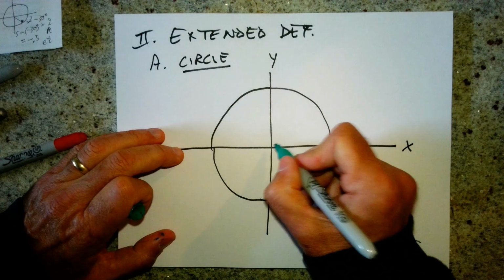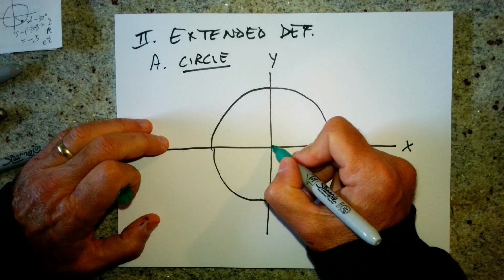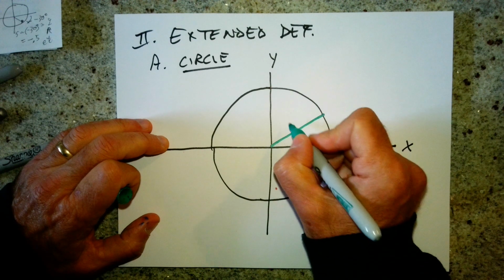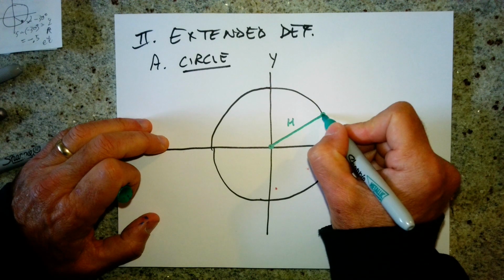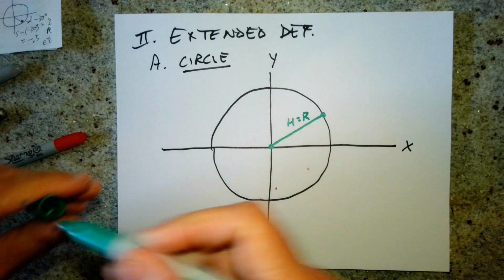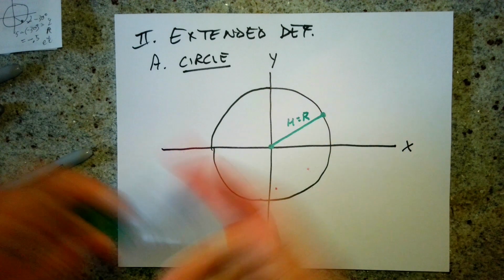And now you decide what angle you want. We can start in quadrant 1, so we can start with what looks like a regular right triangle. So we'll draw this, okay? That'll be the hypotenuse, and the hypotenuse always goes from the origin to the circle. So that means the hypotenuse is also the radius. That creates a dot on the circle itself.